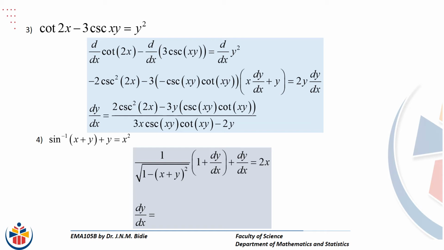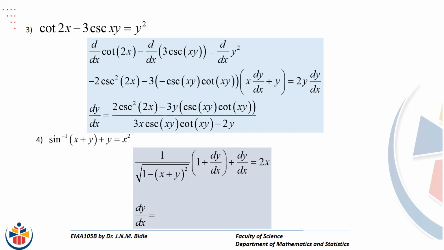We're given arcsine of (x plus y) equal to x squared. We start with the derivative of arcsine, which is supposed to be straightforward. We know if it's arcsine of u, you would have 1 over the square root of 1 minus u squared. Now the argument is not u, it's x plus y, hence we have (x plus y) all squared in place of u.